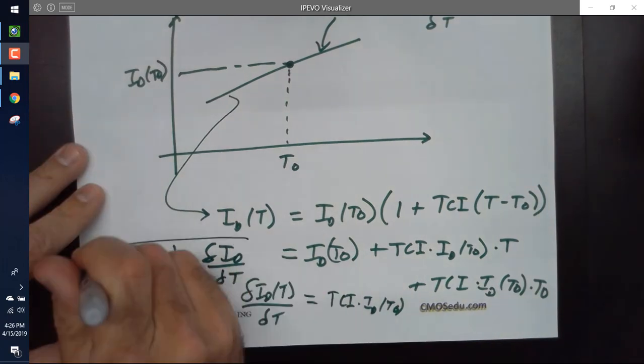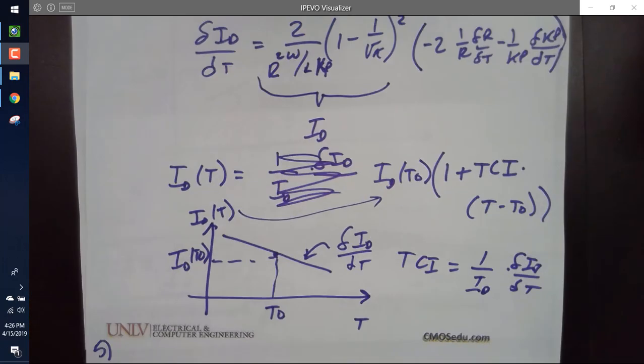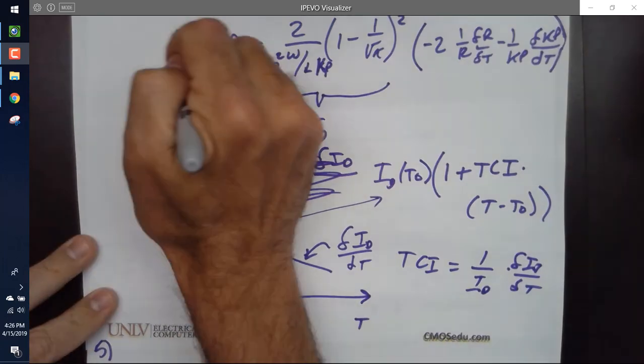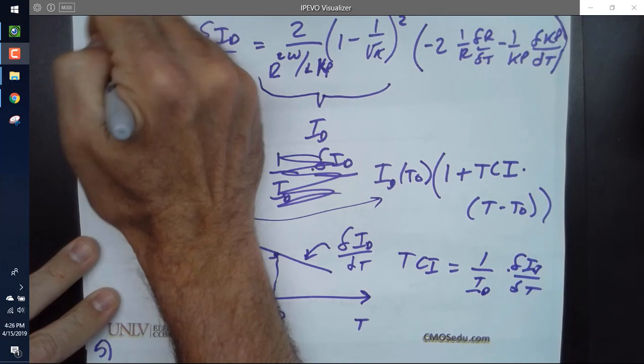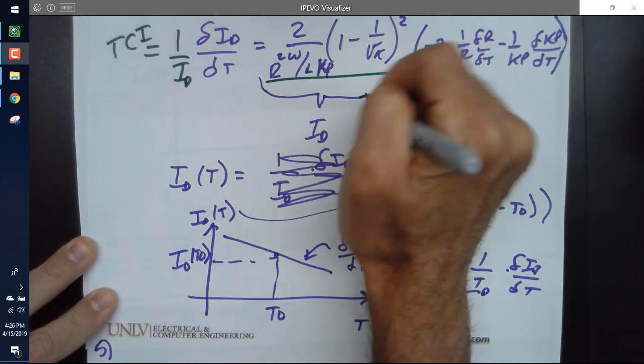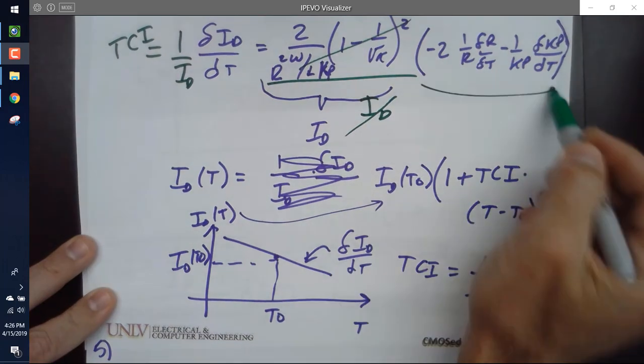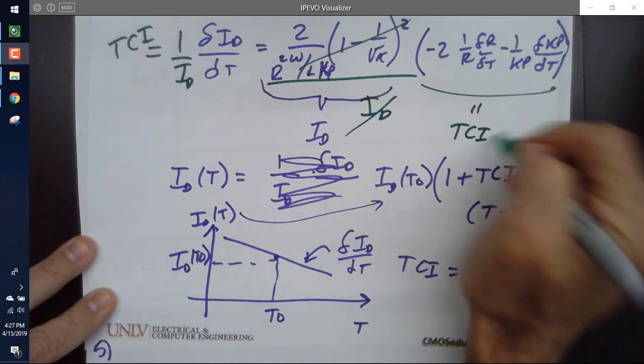Any questions before we go back to our temperature behavior of the beta multiplier? So now, everybody understands? Okay, so now when I go back here and I write 1 over ID is equal to the temperature coefficient of the current source, and I divide this by ID, these cancel, and I get this is equal to TCI.